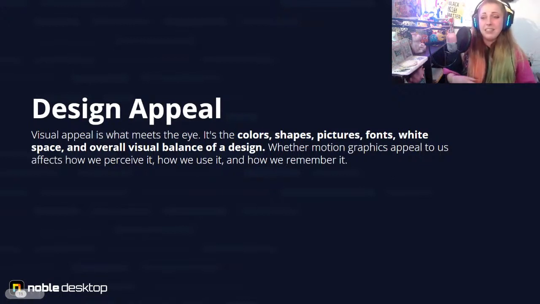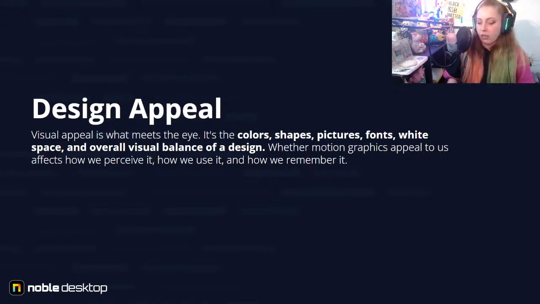So the next thing we really want to talk about, and the biggest thing, is overall design appeal. Okay. Your visual appeal is ultimately what a person is going to want to see, or what's going to garner their interest. This involves your colors, shapes, the pictures you're choosing, the fonts you're choosing.